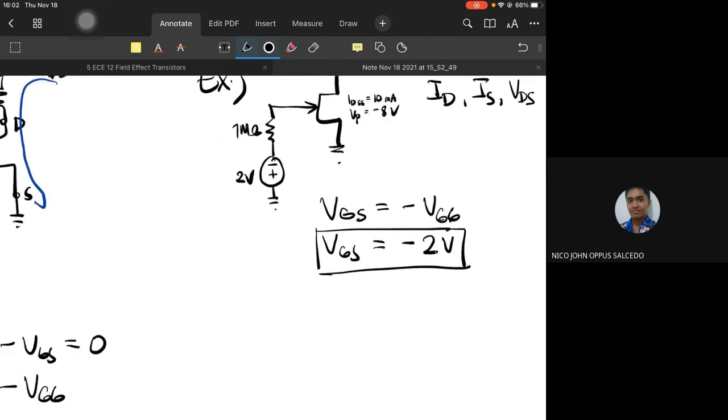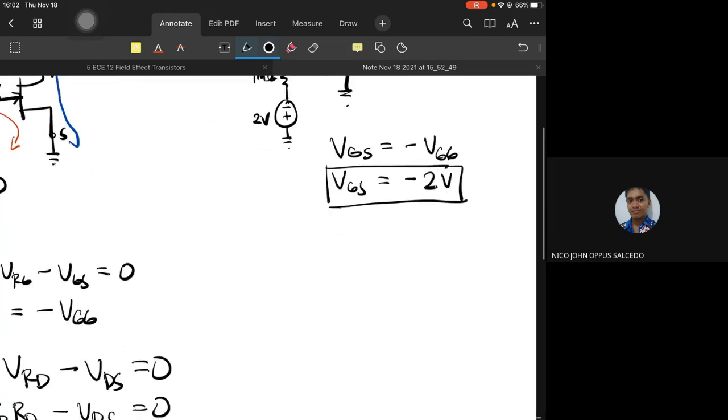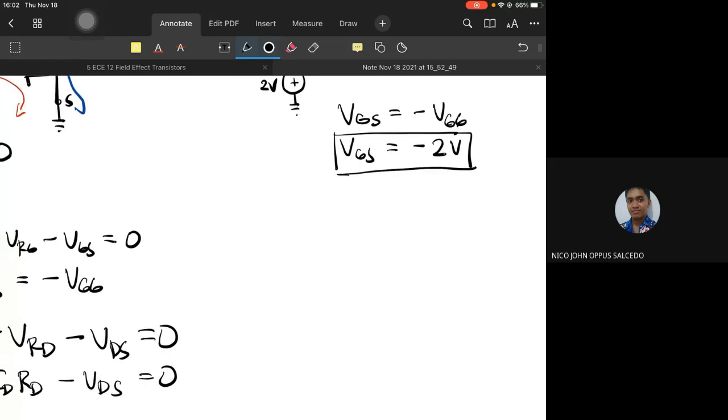Next, solving for ID. As in all amplifier configurations for the JFET, the next step is to solve for ID. I think you now understand why I said it is long and a bit complex compared to before with the BJT.